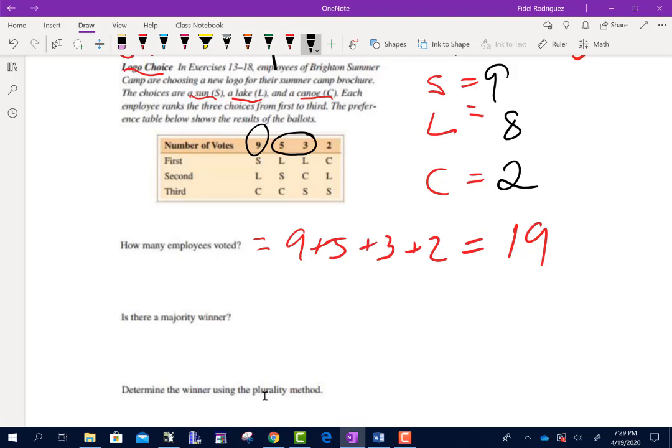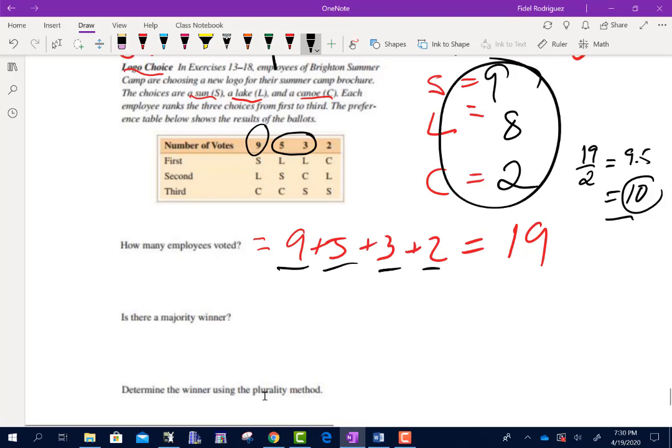So for a majority winner, I'm going to take 19 and divide it by 2. Well, 19 divided by 2 would be 9.5, but I can't really get 9.5 votes. I'd have to go to 10. So majority would be somebody gets 10 votes or more. Is there a majority winner? It does not look like it because nobody here got 10, so we would say no.